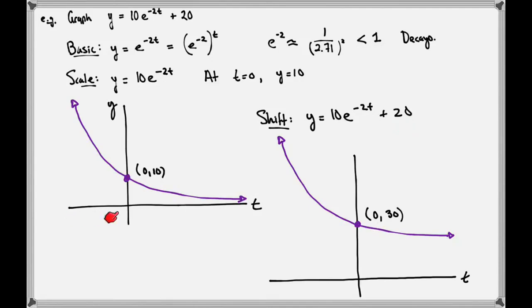And my asymptote, which was y equal to 0, has moved up 20 units to y equal to 20. This gives you a really good perspective of what's happening here. We see some sort of decaying exponential expression, and its initial amount is 30, and it decays towards 20.